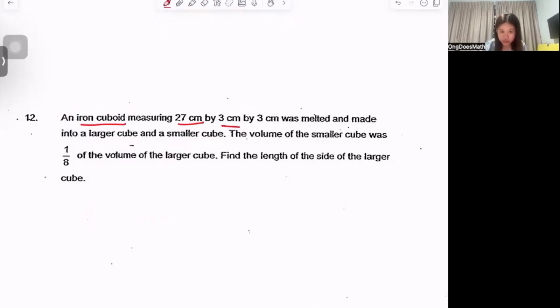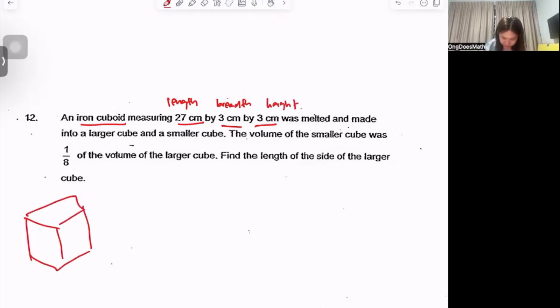So the convention is length by breadth by height. So you have an iron cuboid. The length is 27, breadth is 3, height is 3. So to find the volume of this iron cuboid, the formula is length times breadth times height.